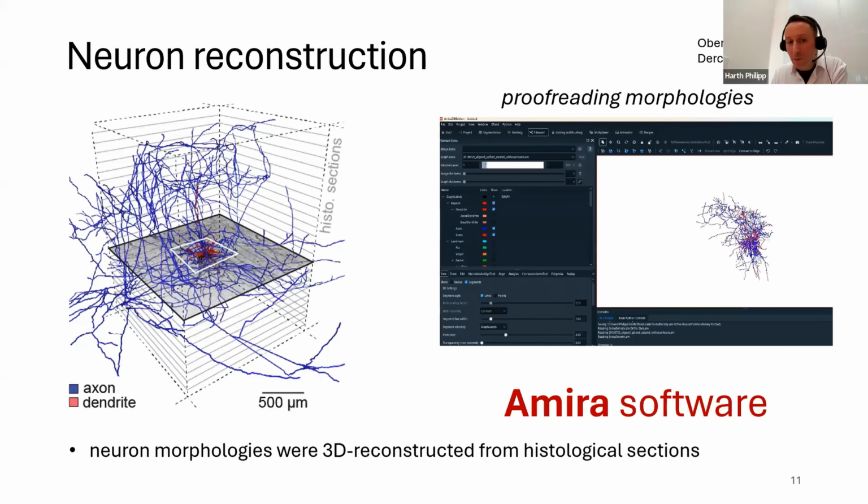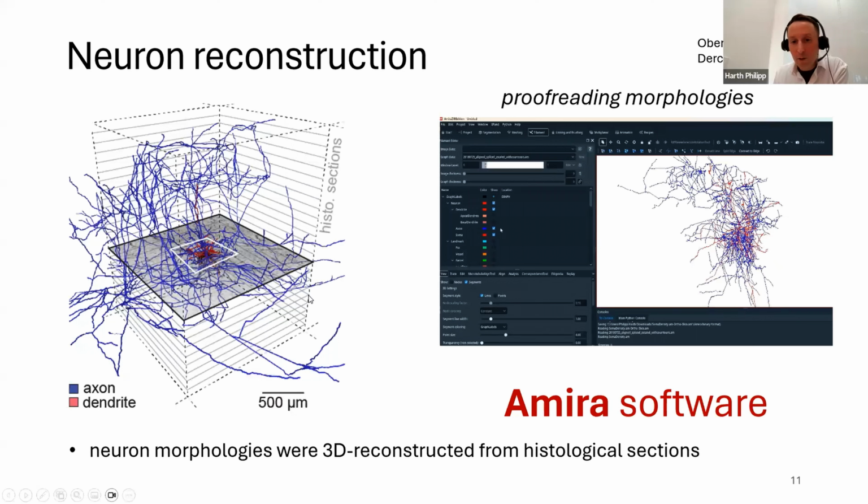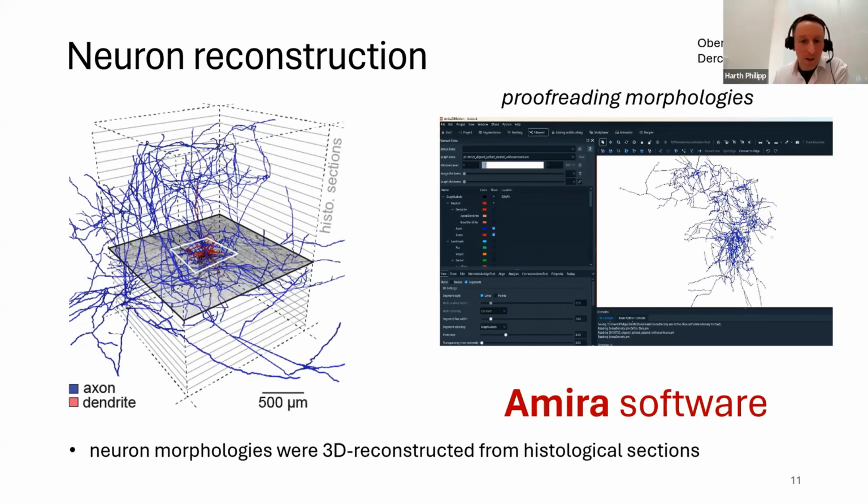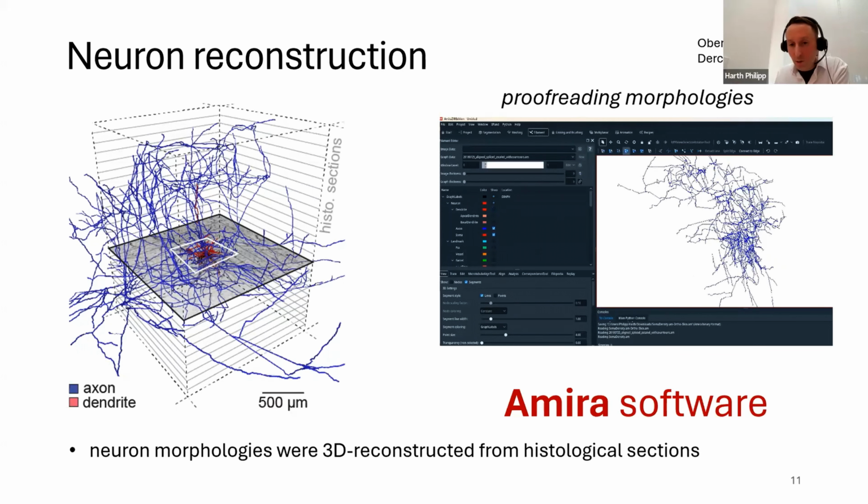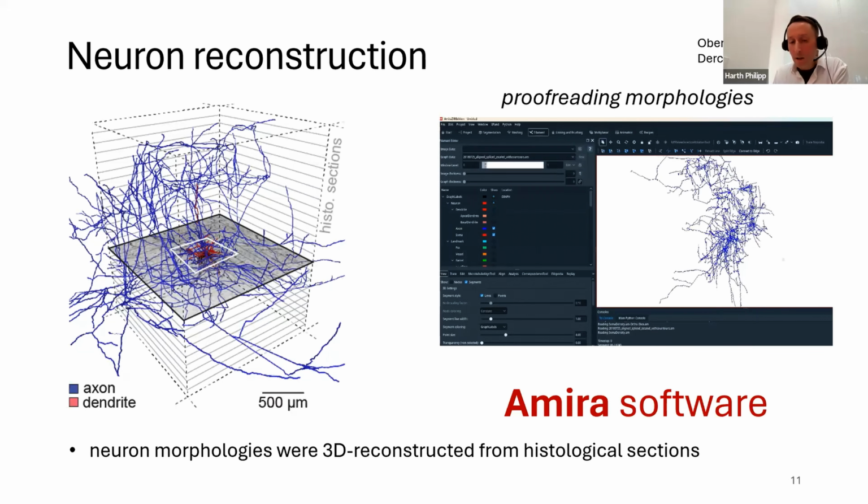In this project, the challenge is that we have imaging data from histological sections, and a semi-automatic pipeline which gives us most of the neuroids, but there might be gaps between different segments, and these gaps can be filled or corrected manually.